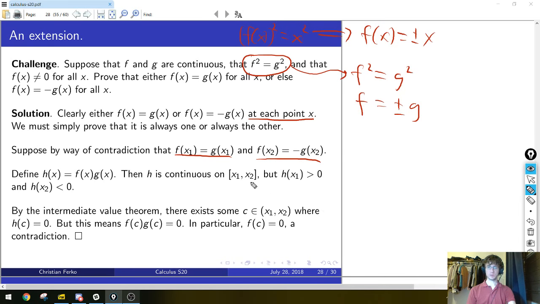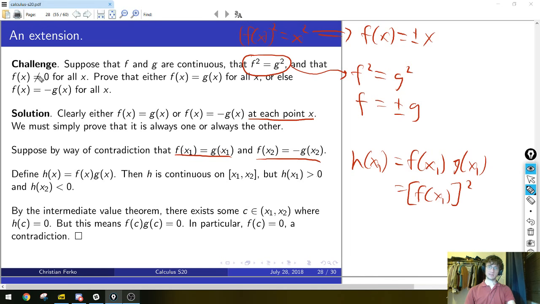Here's where we use continuity. Define h as the product. h of x is f of x times g of x. We have proven that the product of continuous functions is continuous. f and g are continuous, so h is continuous. In particular, h is continuous on x1, x2, but the product of these 2 functions is positive at x1, because f of x1 equals g of x1, which means h of x1 equals f of x1 times g of x1, but they're equal, so it's f of x1 squared.